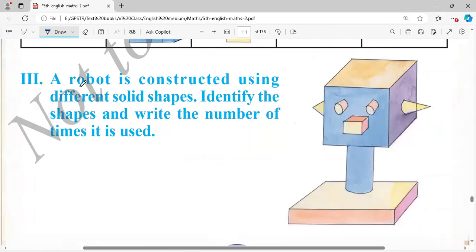Next, third one. A robot is constructed using different solid shapes. Identify the shape and write the number of times it is used. Okay. First one, cube.